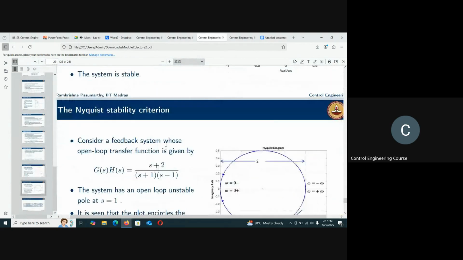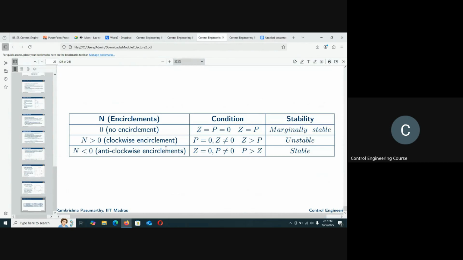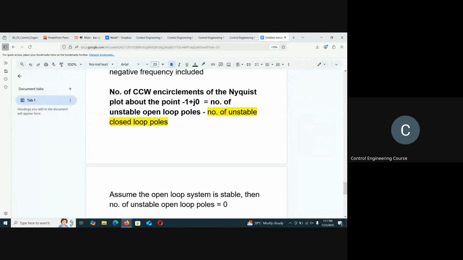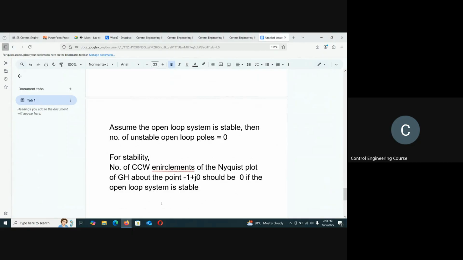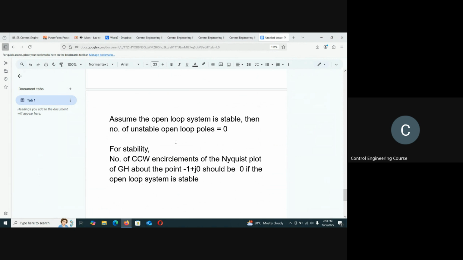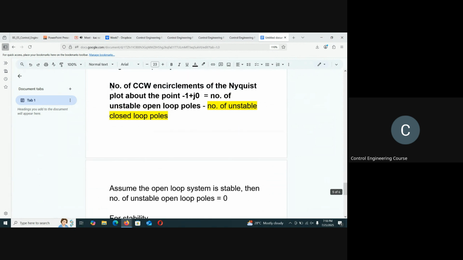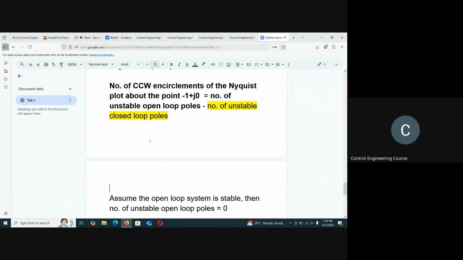So what it says is basically this. N is the number of clockwise encirclements. So the number of clockwise is the negative of counterclockwise. Okay. So you can simplify this. Here, if you change this counterclockwise to clockwise and then bring this negative to plus, what you get basically is this.